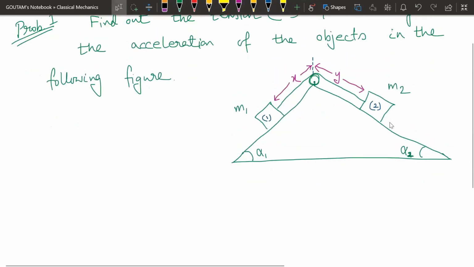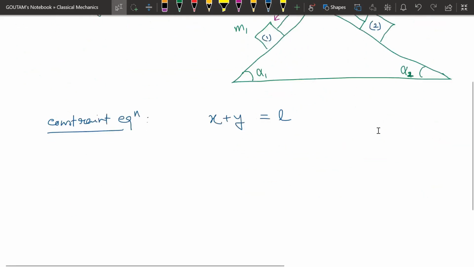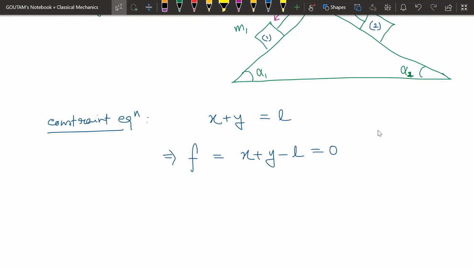So let's call it L. So the constraint equation is x plus y equals L, which is a constant. Or we can write f equals x plus y minus L equals 0. Then we have del f del x equals 1 and del f del y equals 1.